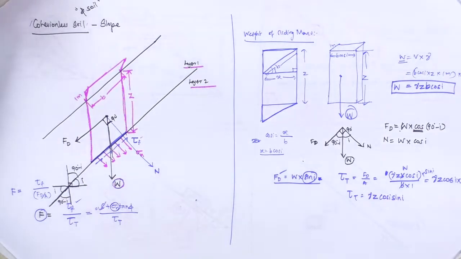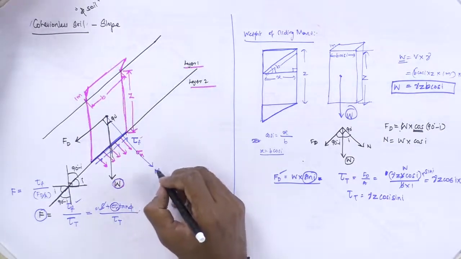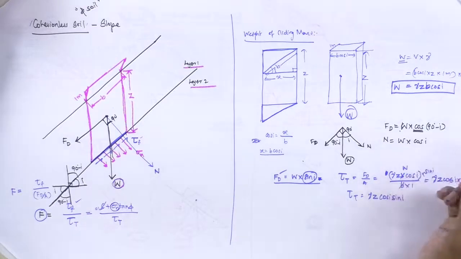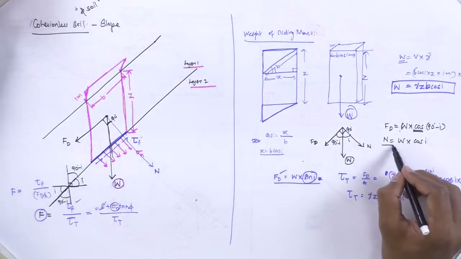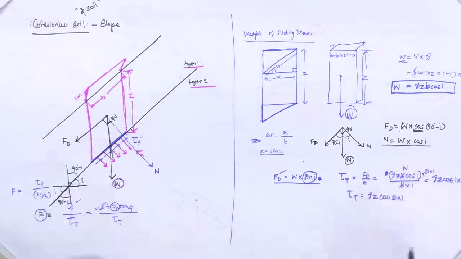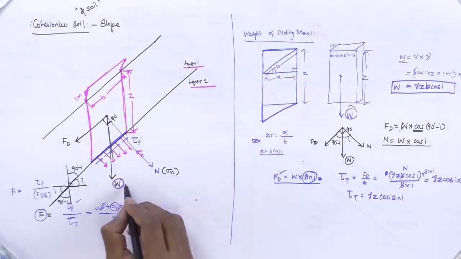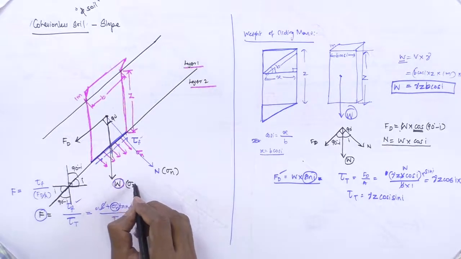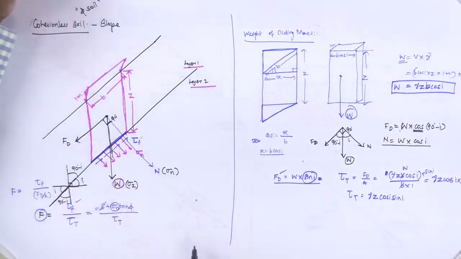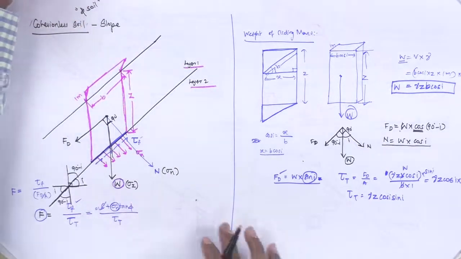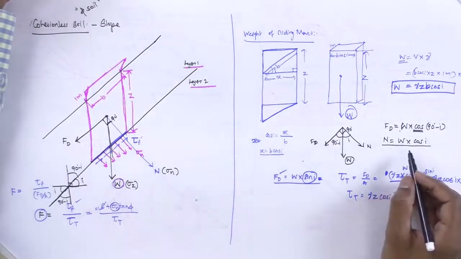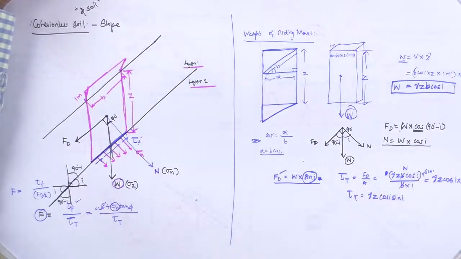In order to find the normal stress, I have written the normal load W into cos I. So this is written as sigma n, which I take as sigma, by the way.